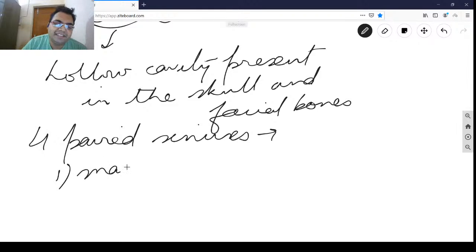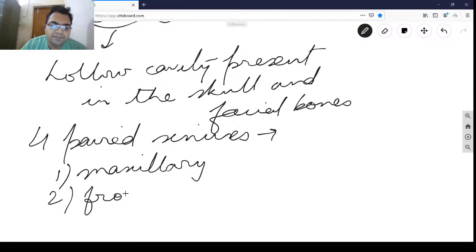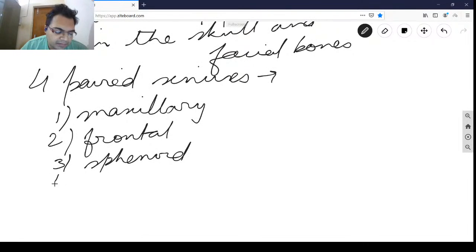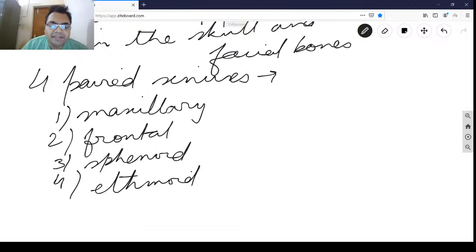Number one is maxillary, number two is the frontal, number three is the sphenoid, and number four is the ethmoid. So these are the four specific paired sinuses.